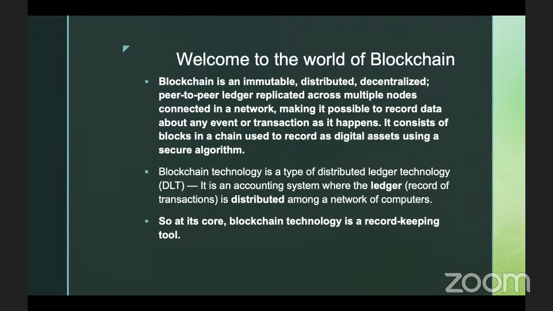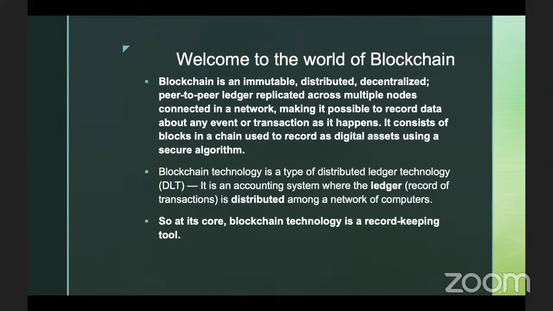A ledger is a record-keeping tool replicated across multiple nodes connected in a network. Nodes are generally computers connected in a network, making it possible to record data about any event or transaction as it happens.